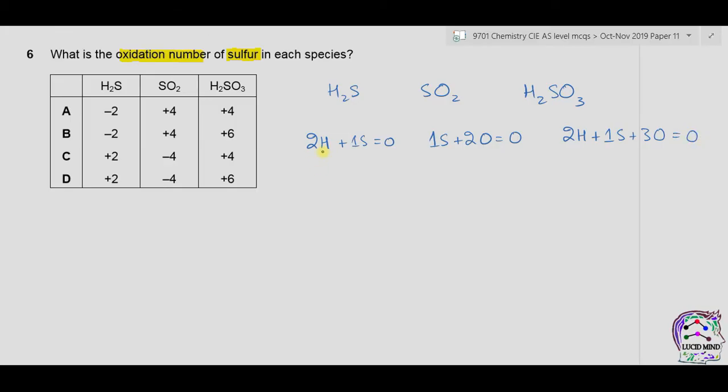The oxidation state of 1 hydrogen is +1, so for 2 hydrogen it will be +2. Then we have sulfur, so sulfur will be equal to -2. So it is -2 in H2S. Similarly for oxygen atom, the oxidation state is -2. So for 2 oxygen it will be -4 and sulfur will become +4.